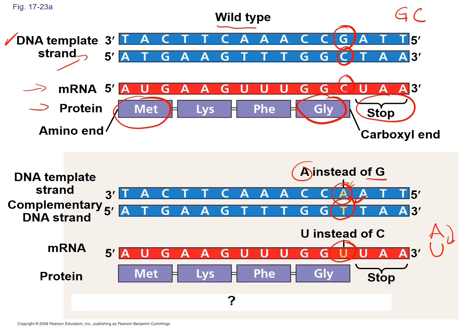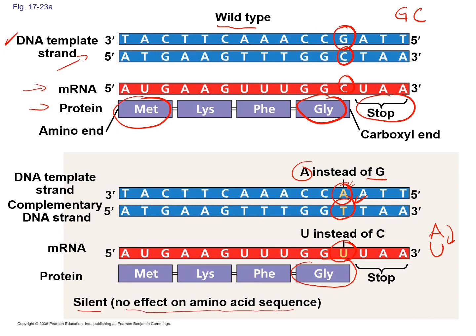And now if you see if there was a difference, you found that actually there was no difference, because remember the genetic code is redundant. This is an example of a silent mutation because there was no effect on the amino acid sequence. So in this case, this point mutation didn't have an effect.